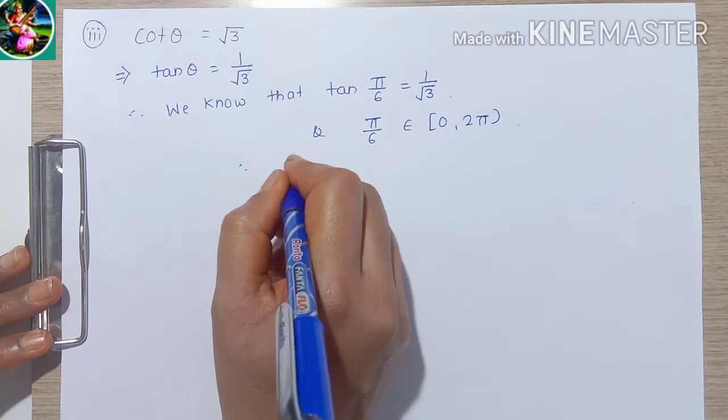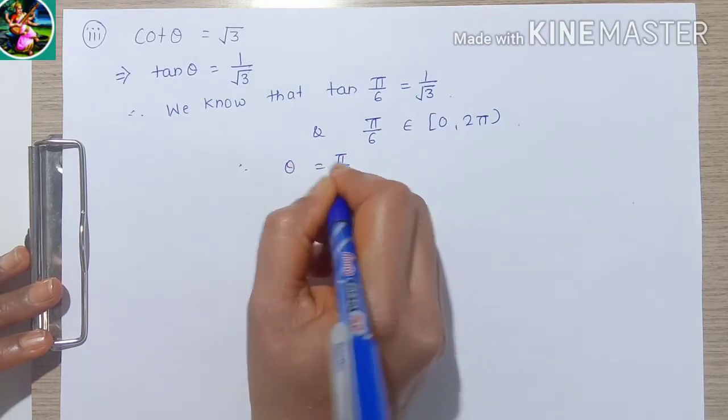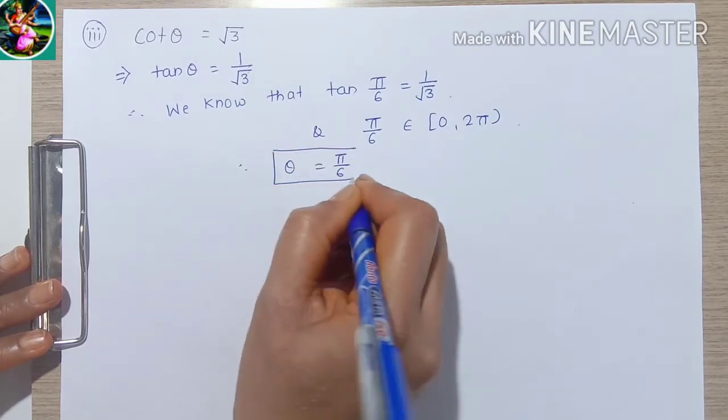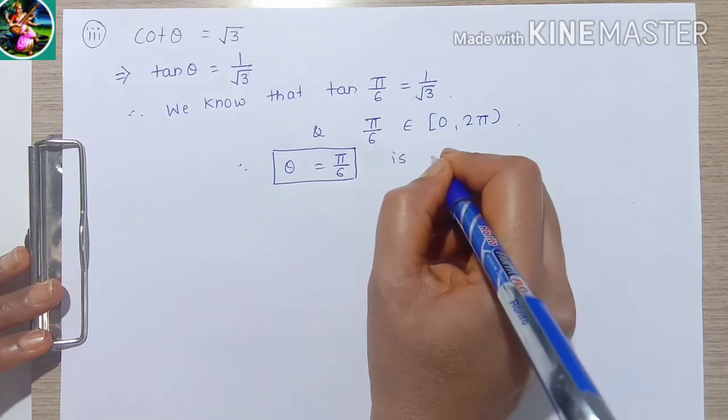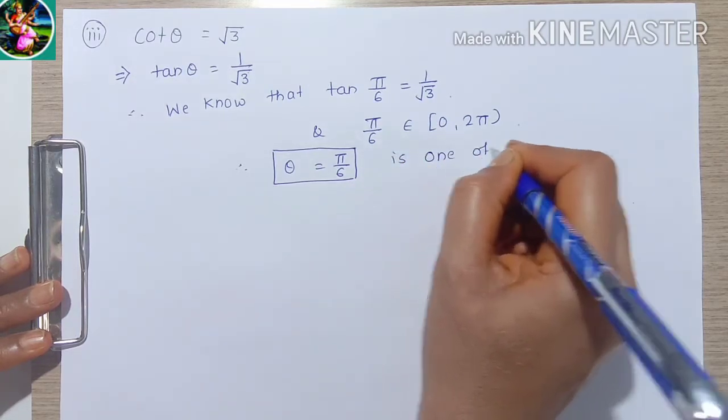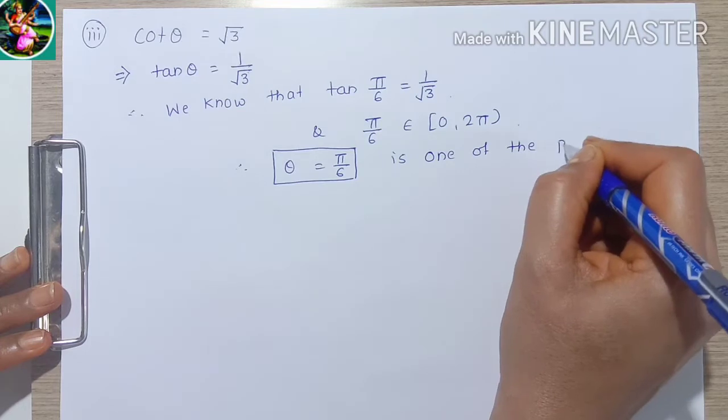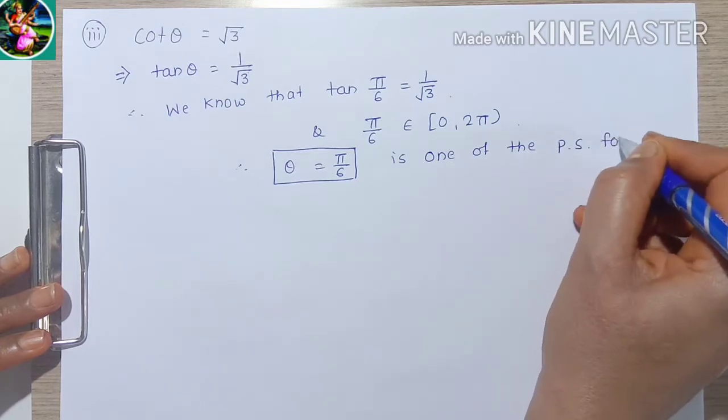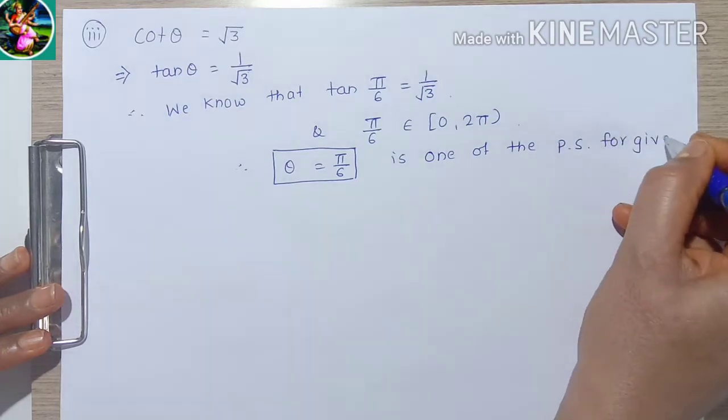Therefore, theta is equal to pi by 6 is one of the principal solutions for the given trigonometric equation.